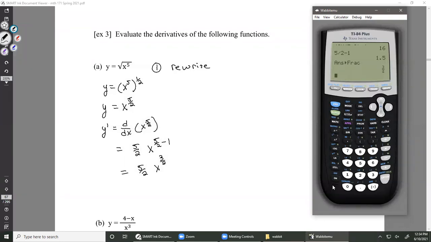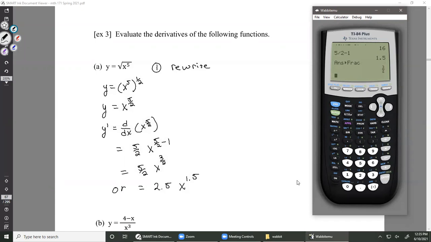If you prefer the decimal answer, you can have 2.5x to the 1.5 as our final answer. All right, so any questions about that particular problem?